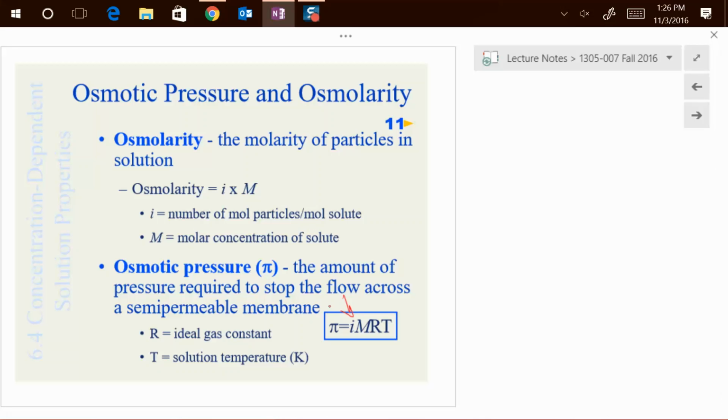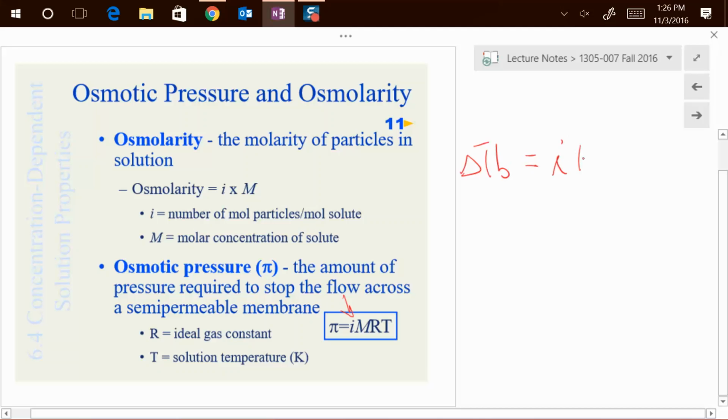For calcium phosphate, little i is 5. So those equations would be delta TB equals little i KB m. You just have to include little i, how many particles there are, and it'll work.